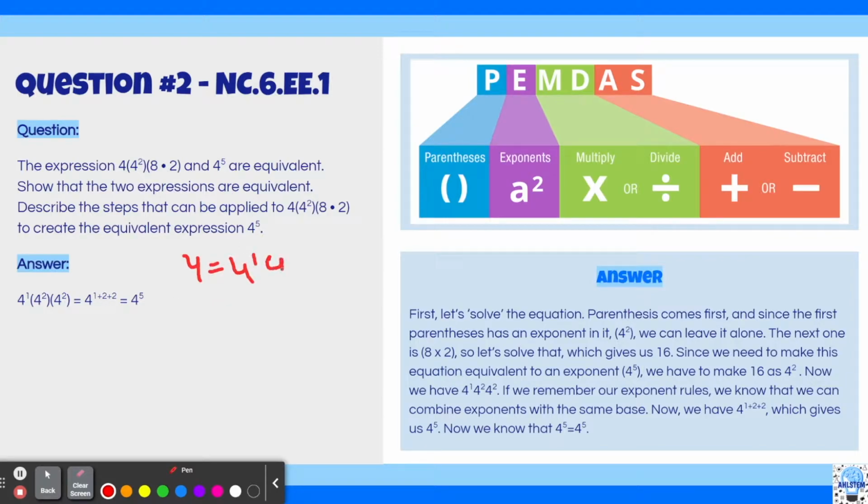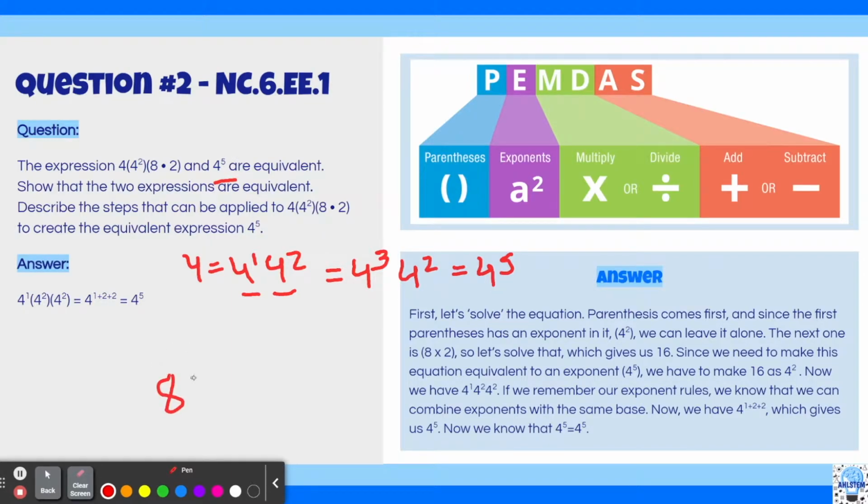And then we have 4 squared. Remember our exponent property: when we have the same base, we can just combine by adding the exponents. So 4 to the 1st times 4 squared equals 4 cubed. Now all we need is 4 squared, and that will get us 4 to the 5th, which is what we need to get.